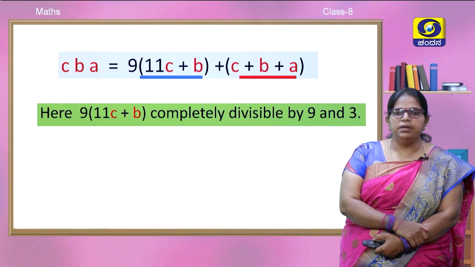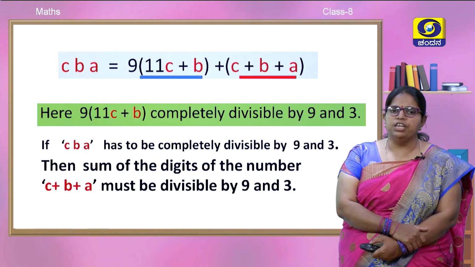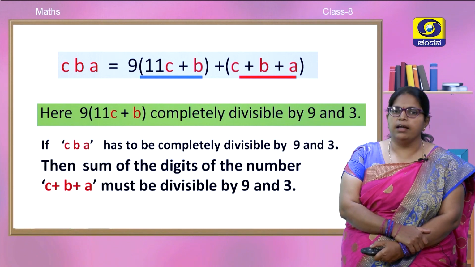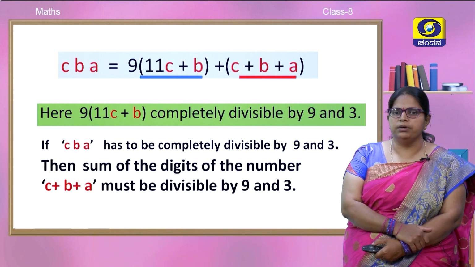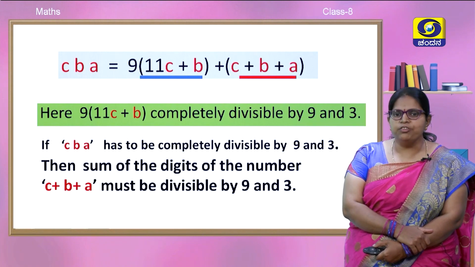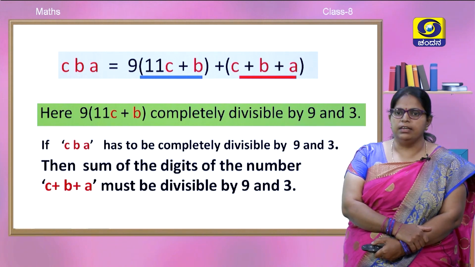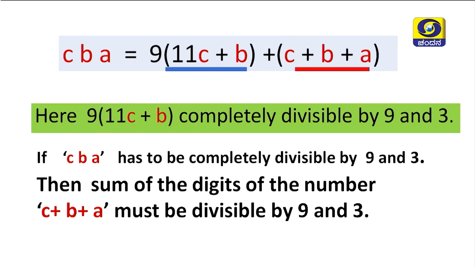Now, the remaining term C plus B plus A. If the CBA has to be completely divisible by 9 and 3, then the sum of the digits of the given number, that is C plus B plus A, must be divisible by 9 and 3. Hence, the divisibility rule of 9 and 3.